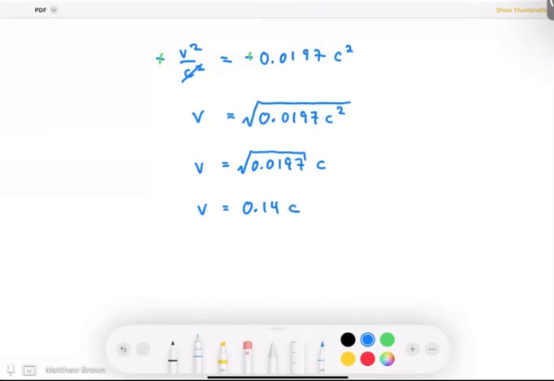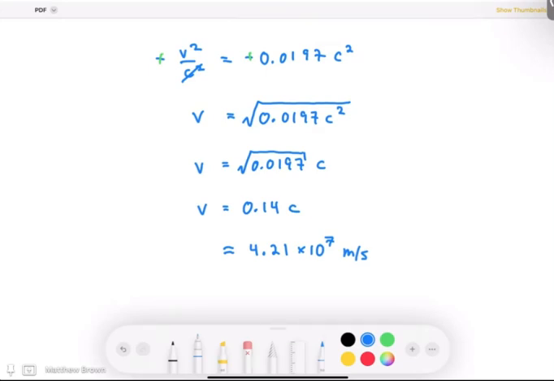And if you want that as a speed, times by 3 times 10 to the 8, that's about 4.21 times 10 to the 7 meters per second. So really, really, really fast.